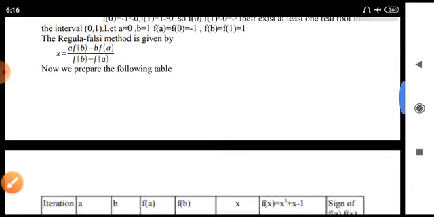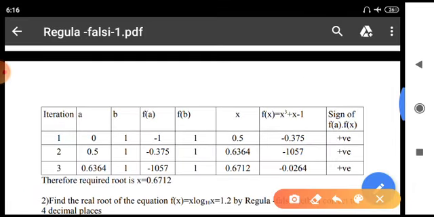So we put the x value in column a. f of a is nothing but f of 0.5, which is already calculated in the previous step, that is minus 0.375. f of b is the same, 1.